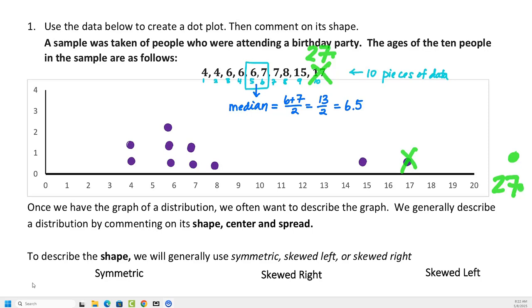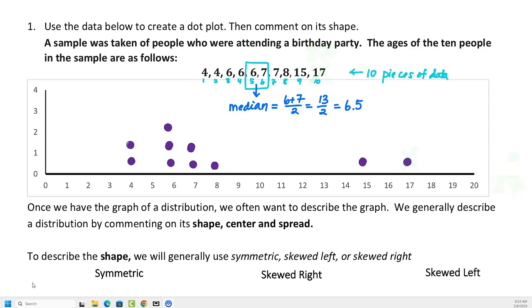Remember, to find the mean, you add all the numbers together and divide by 10, because there's 10 numbers. So what's going to happen to the mean if I change the 17 to a 27? Okay, the student said that it's going to pull the number further to the right, which would make the number larger. Does everyone agree with that?